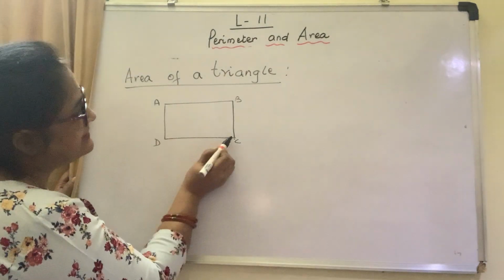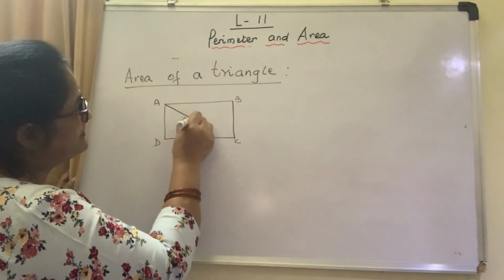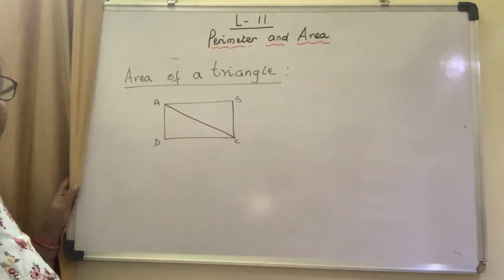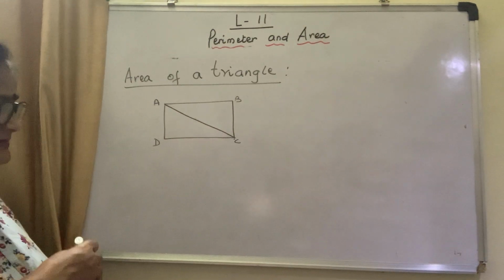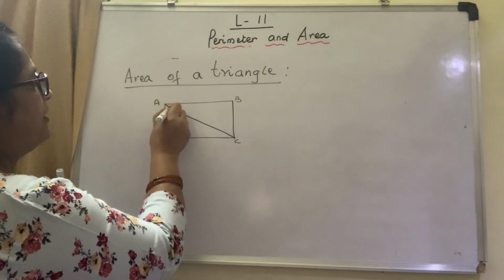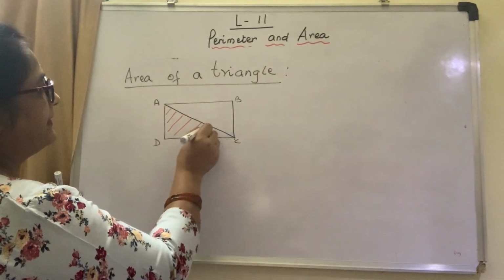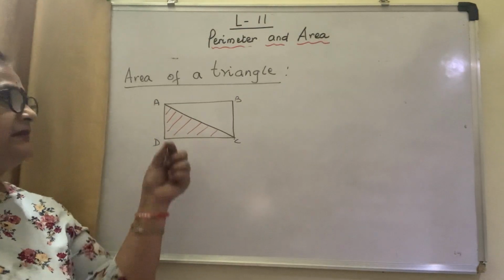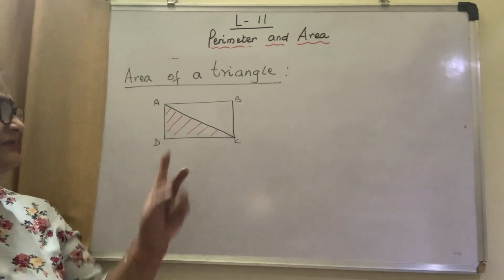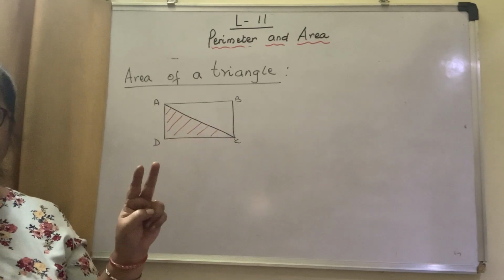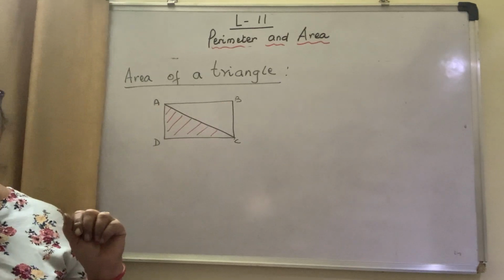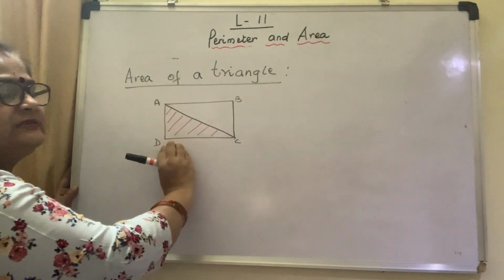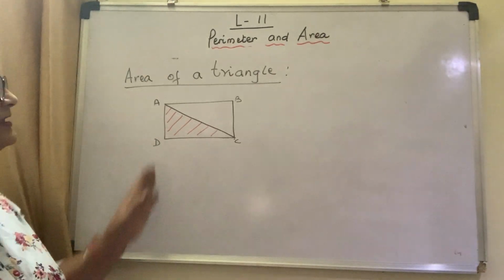If I join the opposite points A and C, the rectangle is divided into two triangles. The diagonal divides the rectangle into two equal triangles. They are equal because if you cut it off from here and place this triangle on top of the other, it will fit exactly.